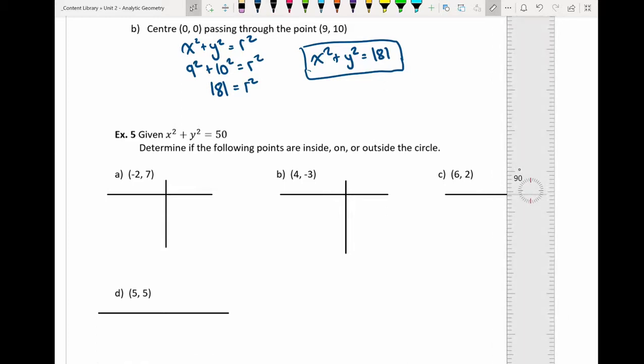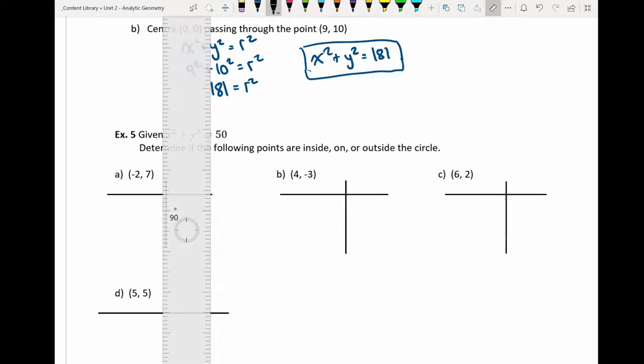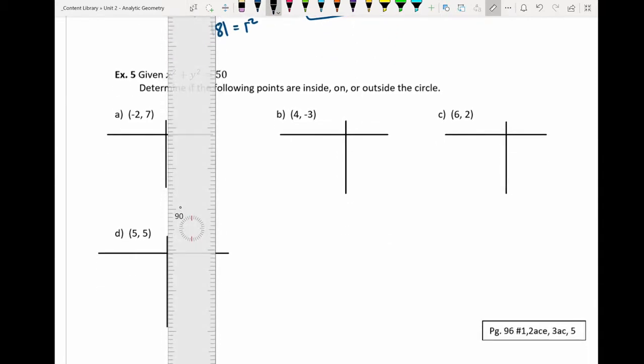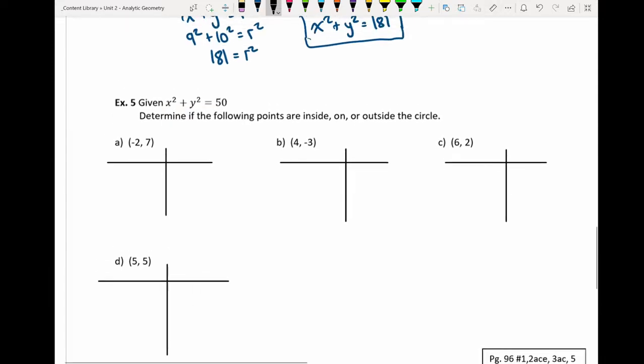So again, just jumping ahead, creating a table. I will be doing left side equals right side because that is important to help us determine where our points lie. Based on my formula, the right side in all of them will equal 50.